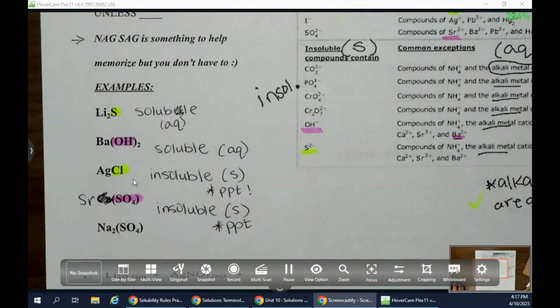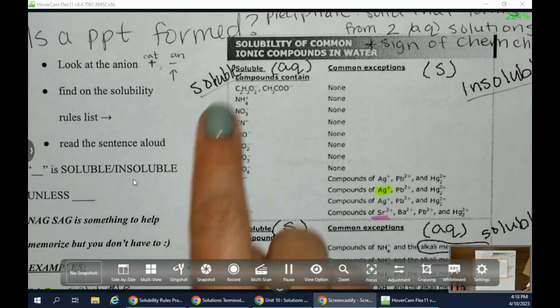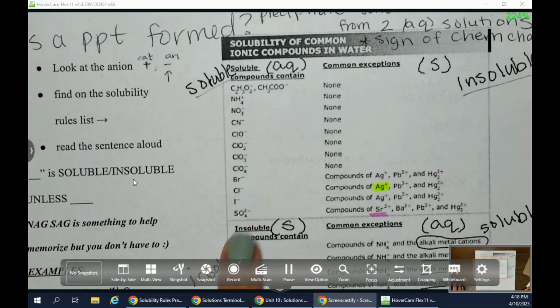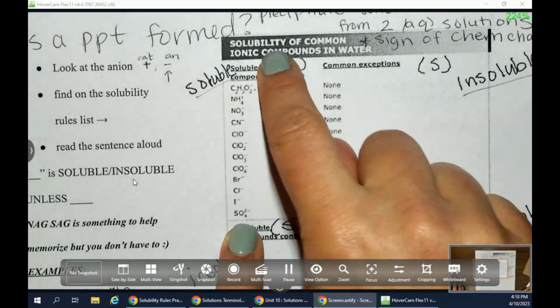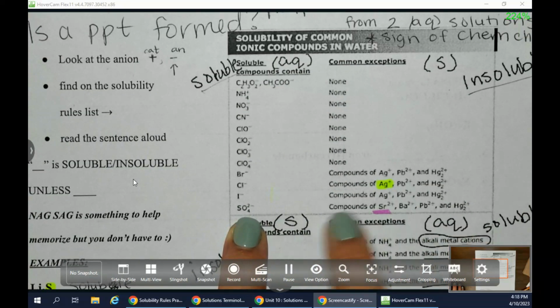And the last one to finish us up, we are doing sodium sulfate. Okay, so sulfate is on this list. There it is. Sulfates are soluble unless they're with anybody from that list. Is it with anyone from that list? We have sodium.